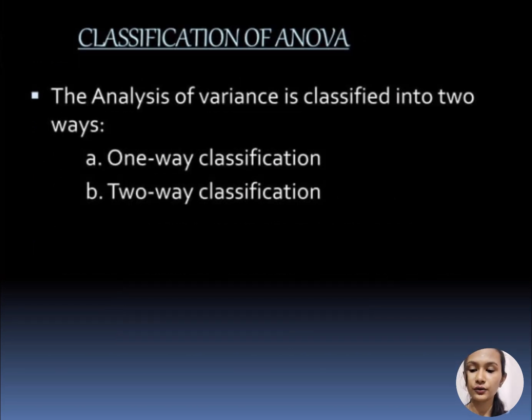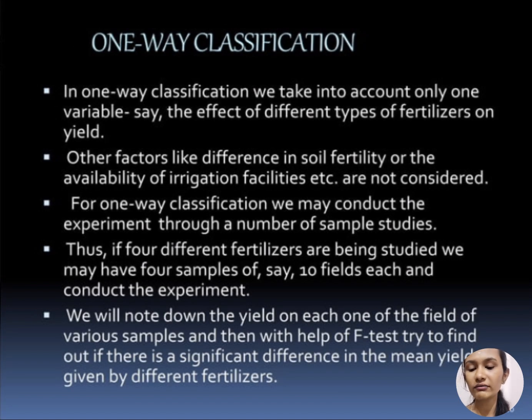Moving forward, we are going to see the classification of ANOVA. The analysis of variance is classified into two ways: one-way classification and two-way classification. One-way classification: in one-way classification, we take into account only one variable, say, the effect of different types of fertilizers on the yield. Other factors like difference in soil fertility or the availability of irrigation facilities, etc. are not considered.